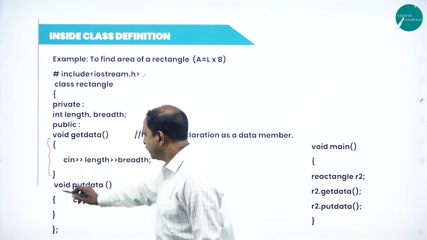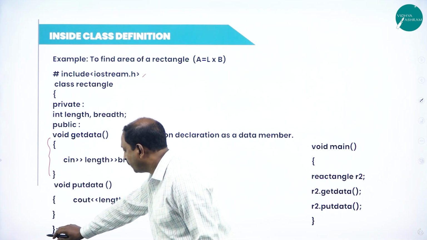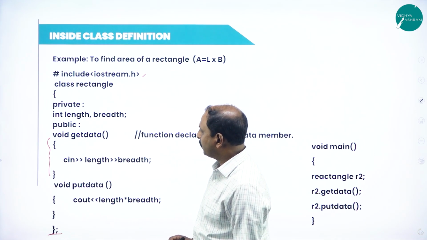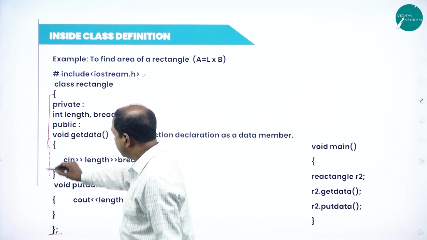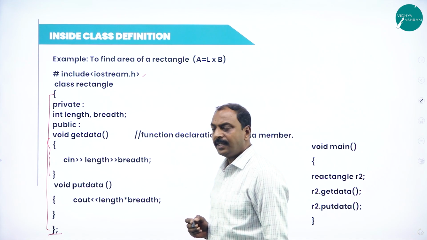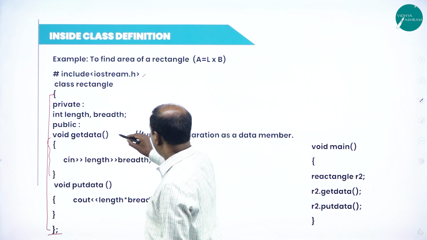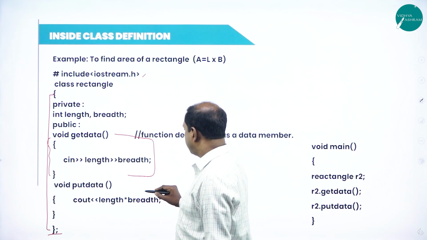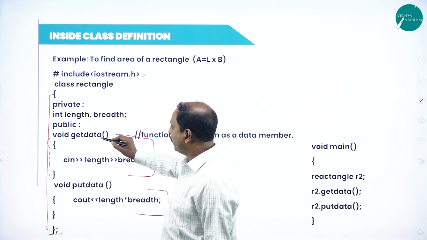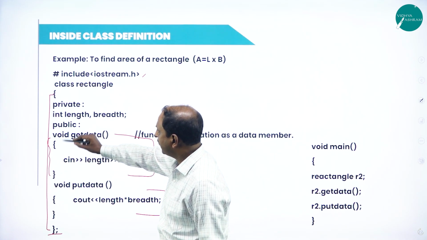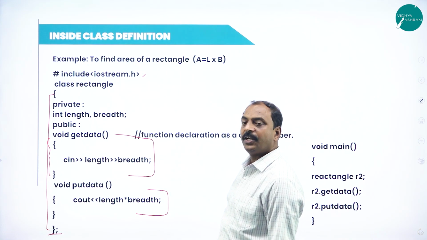Close this function. After closing these two functions, the class is closed here with a semicolon. So the class opens here and closes here. Inside this we have two functions, this is one function up to here and this is the second function. In this example, these two functions are defined inside the class, so this is an example of inside class definition.